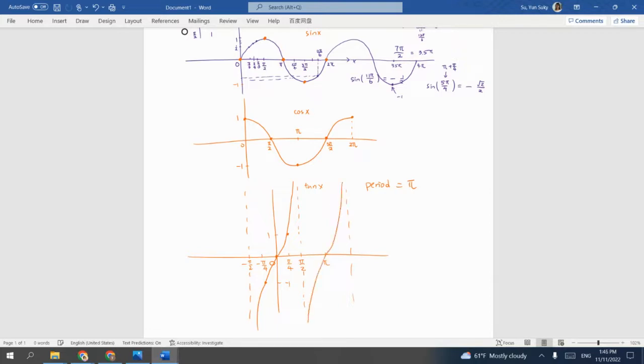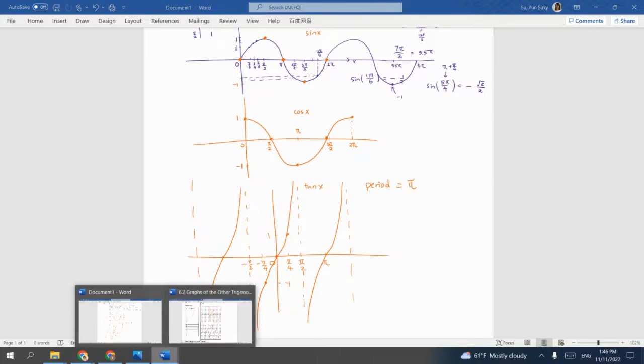With period pi, you just draw more. So this is how you draw the tangent. Care about 5 points: 0, pi over 4, and pi over 2. Is that clear, everybody? And then the rest, just copy it. Those are the 5 key points.